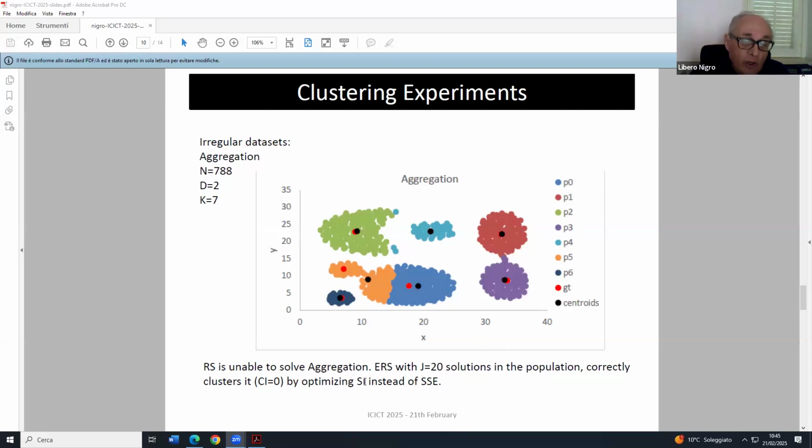In this case we optimize, instead of the sum of squared error, the silhouette index, which means we maximize it, and it gives us an indication of a well-formed cluster. Well-formed means internally compact clusters that are also well separated from one another.